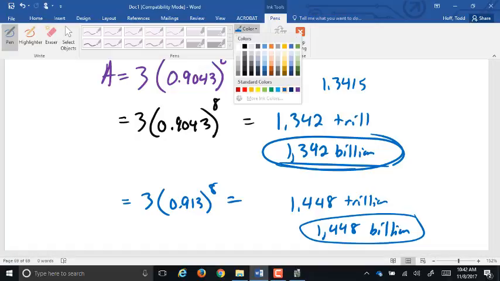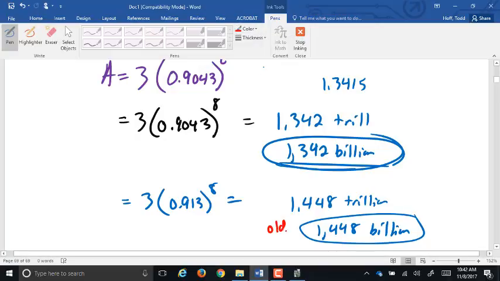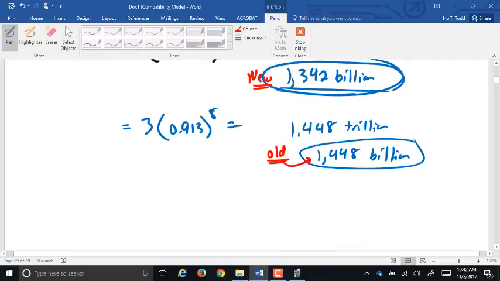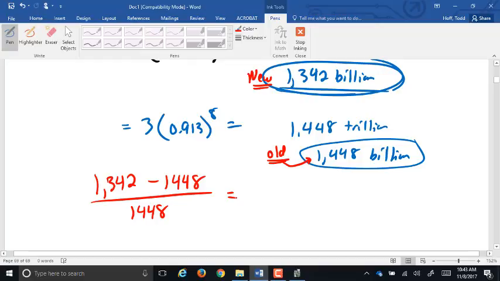So this is considered the old amount. This is the beginning value. This is considered the new amount. That's after we change the percent. So to get that percent change, it's the 1342 minus the 1448. What goes on bottom is the 1448. So we subtract there, what is that? Negative 106? Is that what it comes up to be?